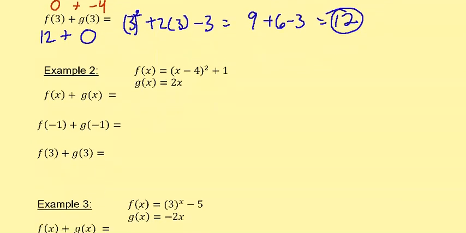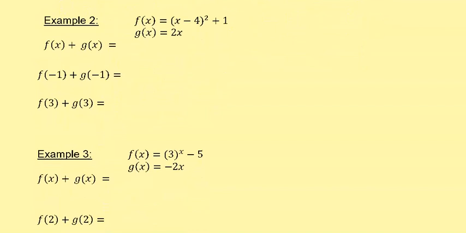Okay, let's look at example 2. F of x equals parentheses x minus 4 squared plus 1, and g of x equals 2x. So if we combine these two together, if you have x minus 4 squared, it's the same thing as x minus 4 times x minus 4.